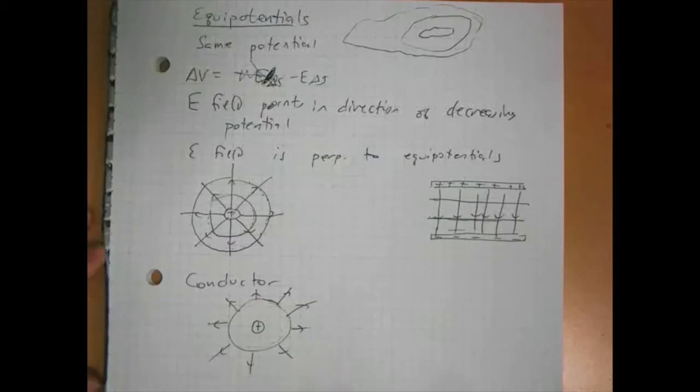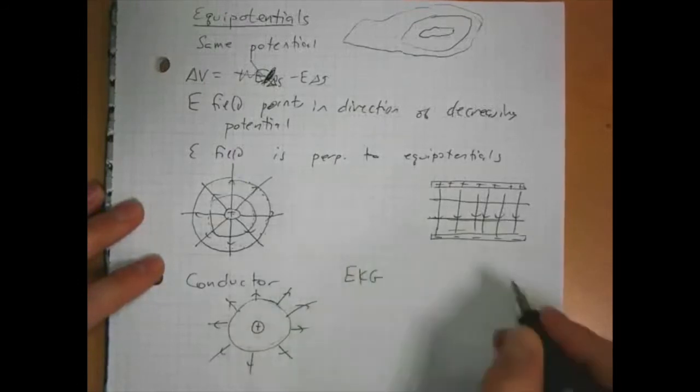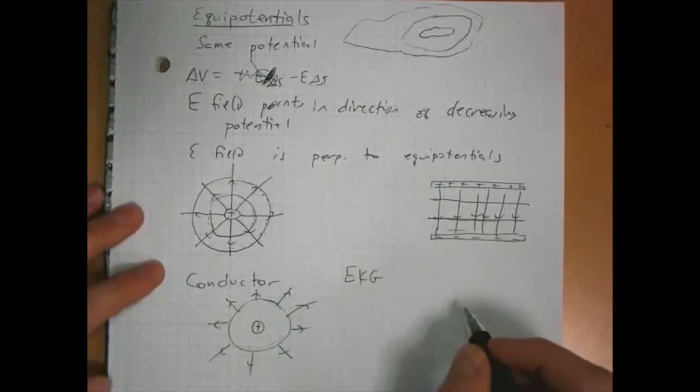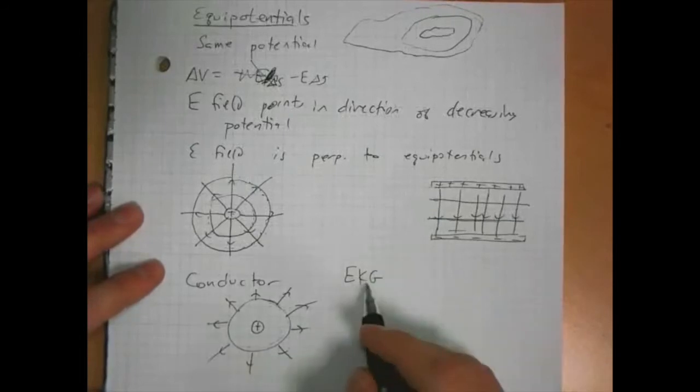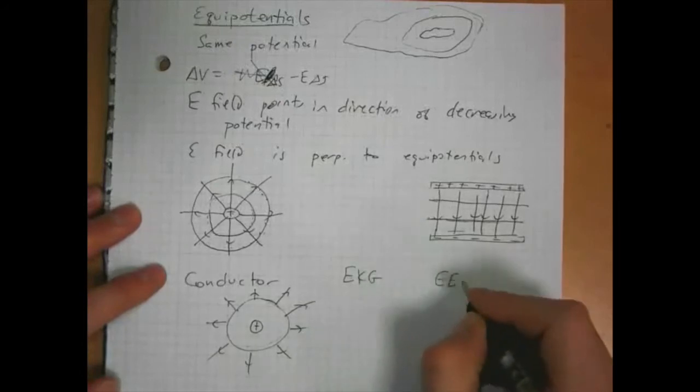A few applications of potential differences. There are a few medical things. An EKG, which stands for electrocardiogram. An electrocardiogram has a C, so I don't know why this is called an EKG instead of an ECG, but it is what it is. And an EEG, electroencephalograph.